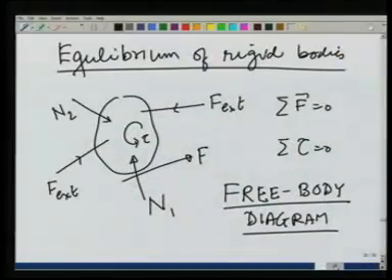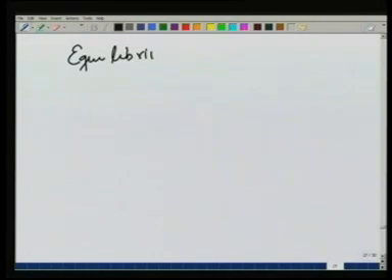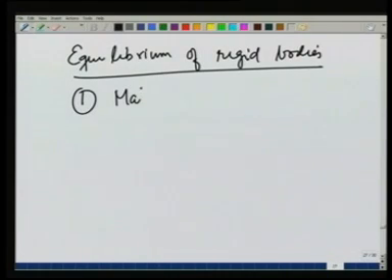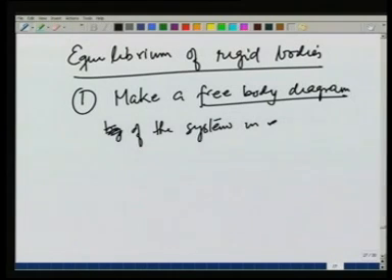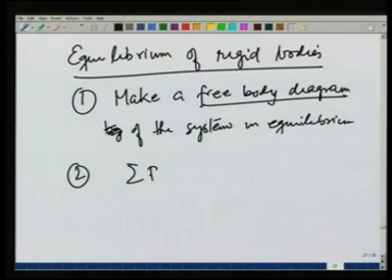So, in considering the equilibrium body, first thing we do is step number 1, make a free body diagram by isolating the system in equilibrium, and 2, apply the conditions summation f is equal to 0 and summation tau is equal to 0 and solve it.